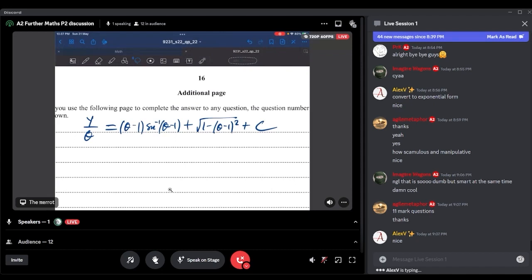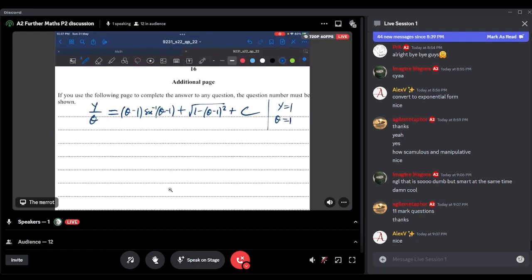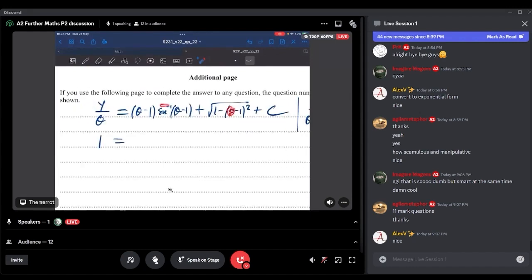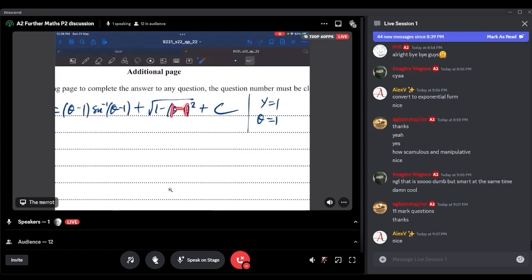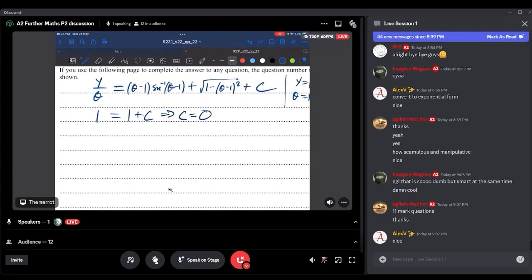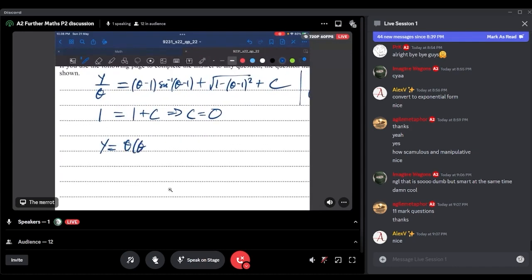So 1 is equal to... theta -1 is 0, 1 minus 1 is 0. Goodbye to this term. So you just have root 1, so you have 1 plus C. And so your C is just 0. And that's it. Now you just multiply by theta on both sides. So Y is equal to theta times theta -1 sine inverse theta -1 plus theta and everything. Just write everything down. And that is your answer.